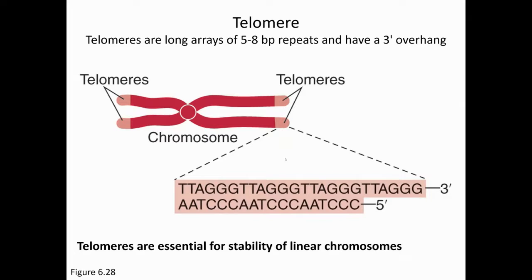The telomere is at the end of the chromosome. It defines the end of the eukaryotic chromosome, and it is essential for chromosome stability.